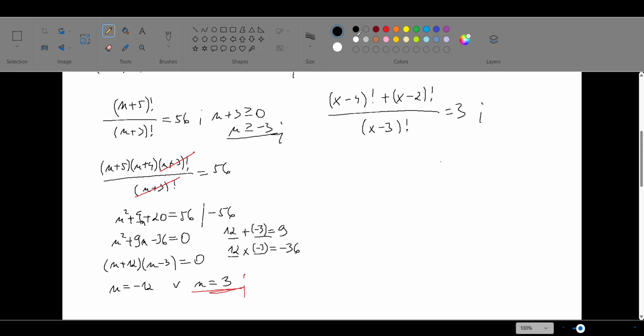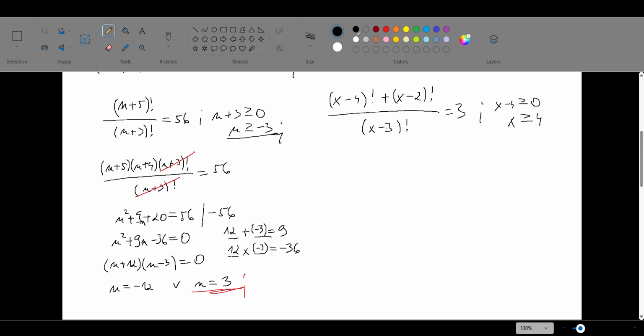Again, the very first step you should do is provide the conditions when the expression, in this case on the left side, is defined, and it is if and only if x minus 4 is greater or equal to 0. We already know why, so it means x must be greater or equal to 4.